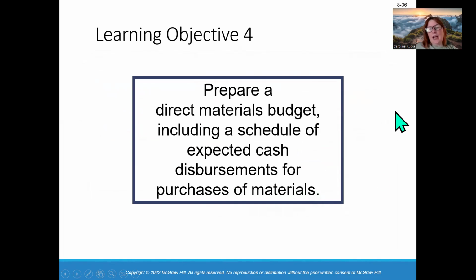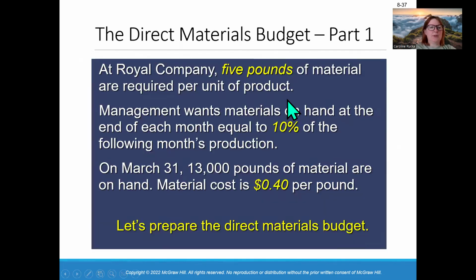Now, in order to have this inventory that we're going to produce ourselves, we have to figure out how much we need in materials to make all this inventory we need each month. At Royal Company, 5 pounds of material are required per unit of product.